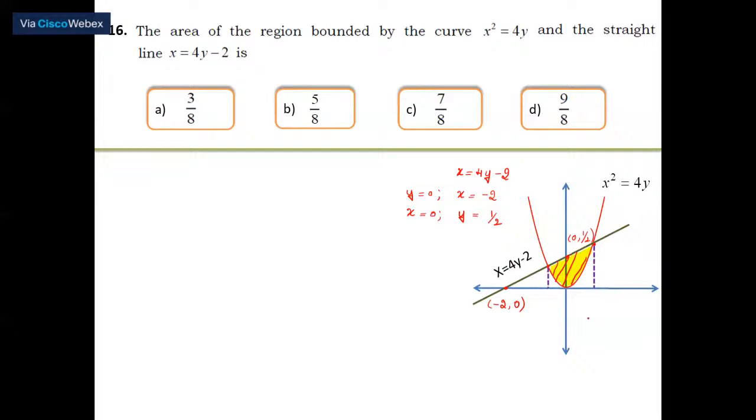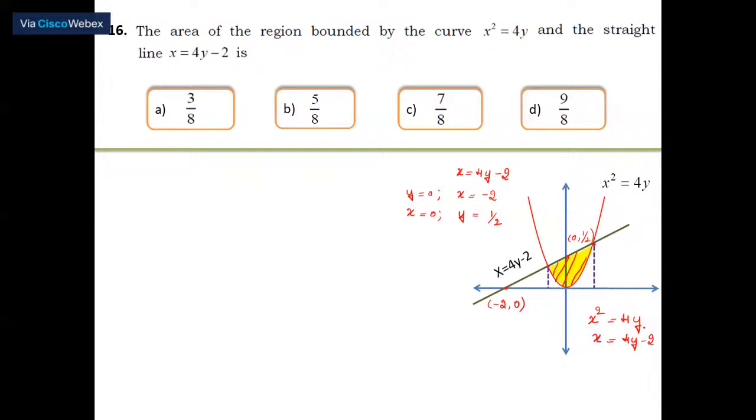To find the point of intersection, the equation of the parabola is x square is equal to 4y, and the equation of the line is x is equal to 4y minus 2.